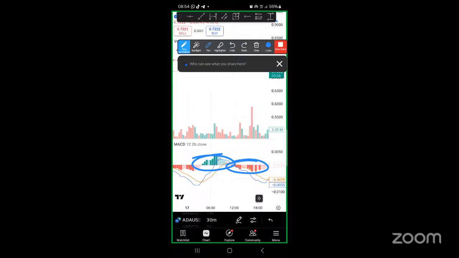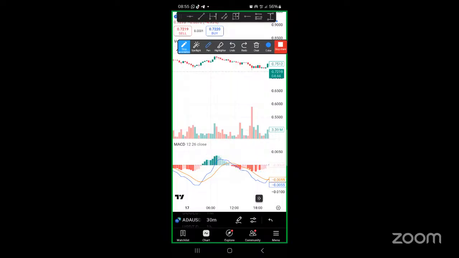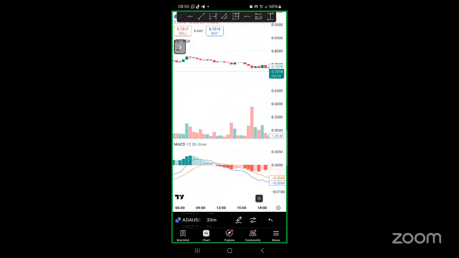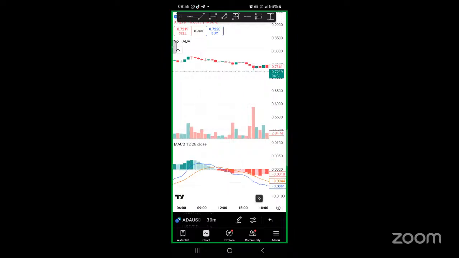Some are on top and some are down, separated by a line.